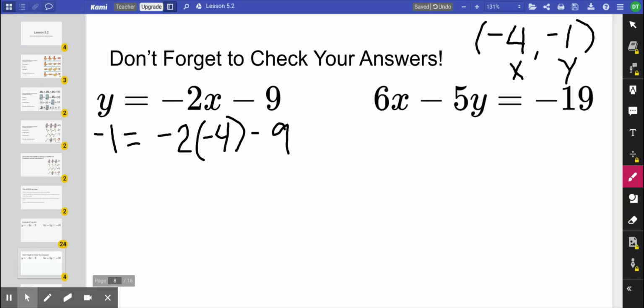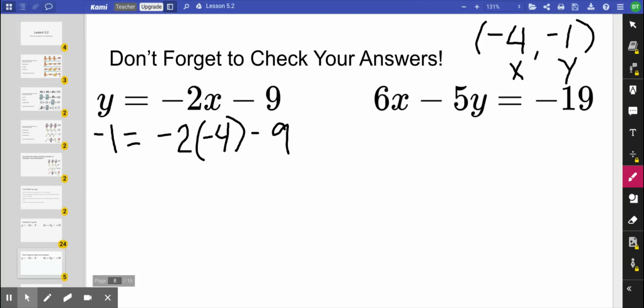And I get negative 1 equals negative 2 times negative 4 minus 9. Now the big mistake people make here is just putting the first coordinate in for the first variable and the second one for the second variable, but you have to make sure that negative 4 goes in for the x and negative 1 goes in for the y. Otherwise, you won't end up with the right answer.